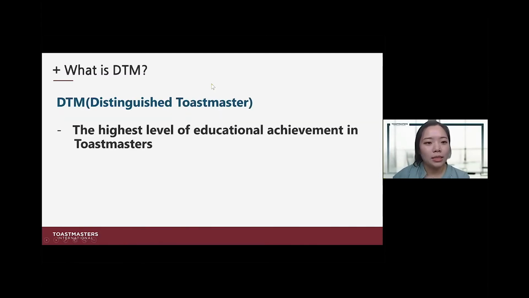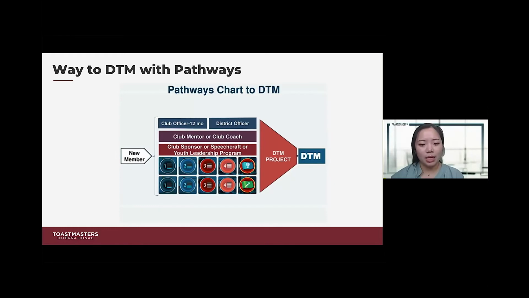Okay, and this is DTM. DTM, Distinguished Toastmaster, is the highest level of educational achievement in Toastmasters. So maybe you've heard some of your members are DTMs in your club, and to be a DTM, there are certain steps, which means you have to complete 2 learning paths.